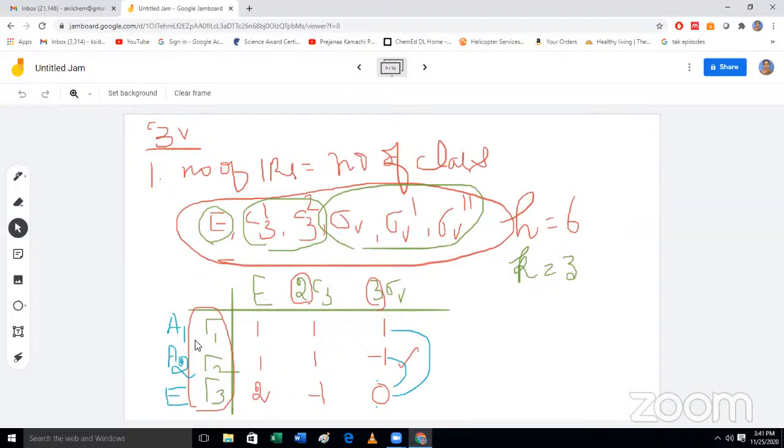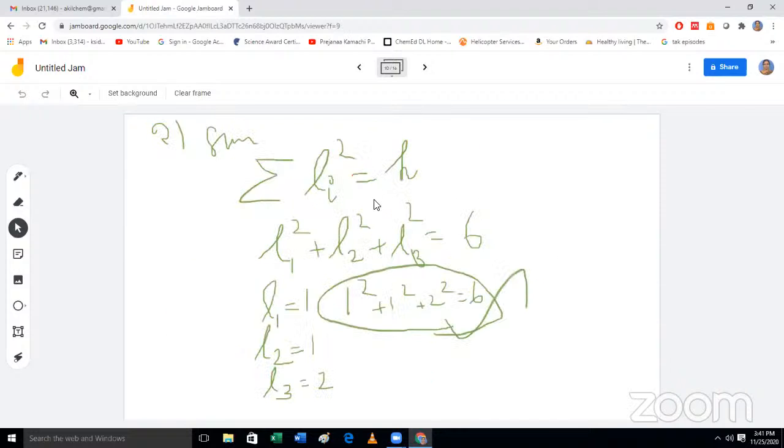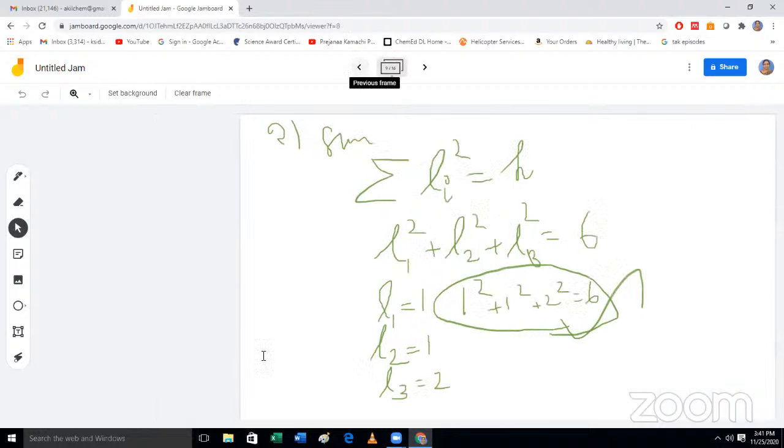So you have 3 irreducible representations, gamma 1, 2, and 3, of which the sum of li squared is equal to h, that is, l1 squared plus l2 squared plus l3 squared should be equal to 6. This is possible only when the dimensionalities are 1, 1, and 2. So you just put 1, 1, and 2 over here.